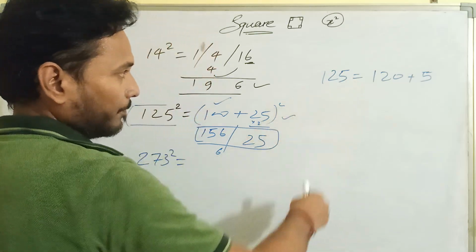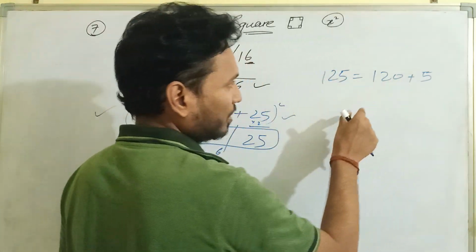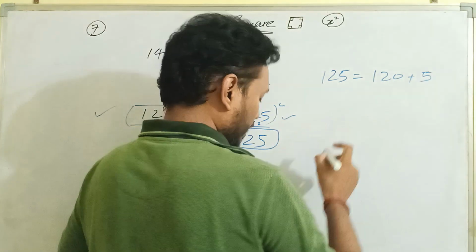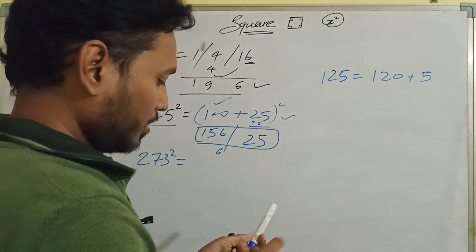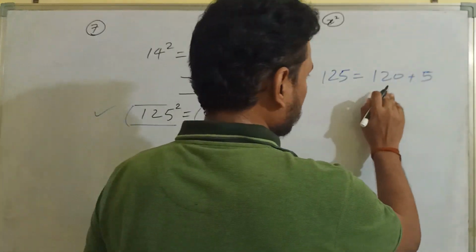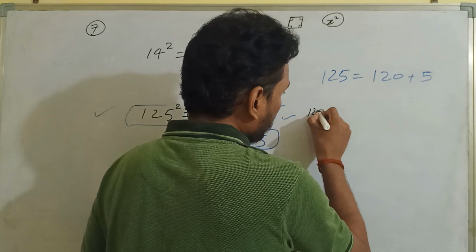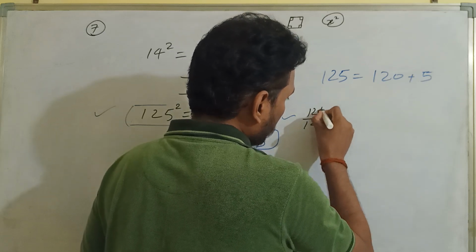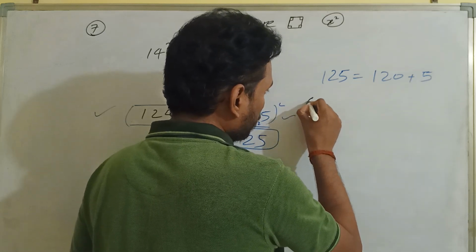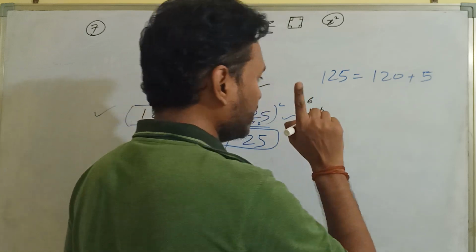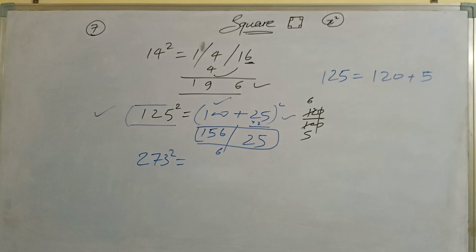Okay, here, what is the base? If we talk about base, then the base should be 120 upon 100. 2 sixes are 12, 2 fives are 10. Clear? 6 by 5.